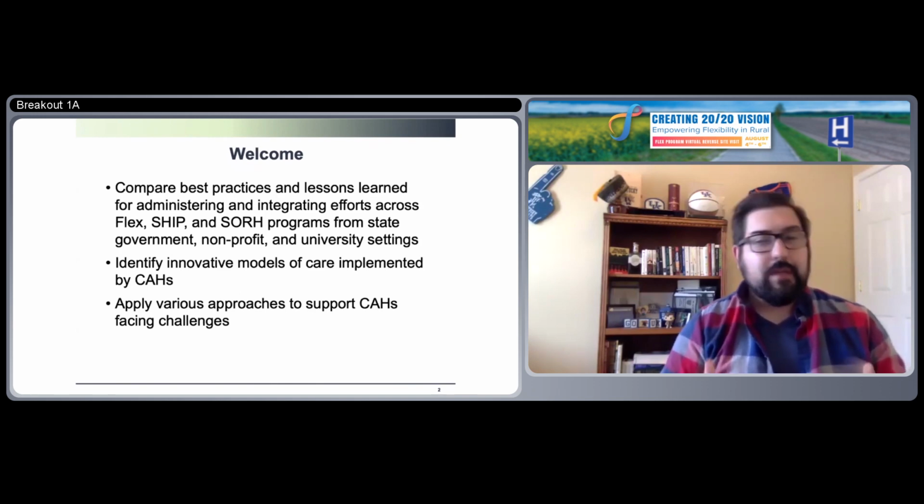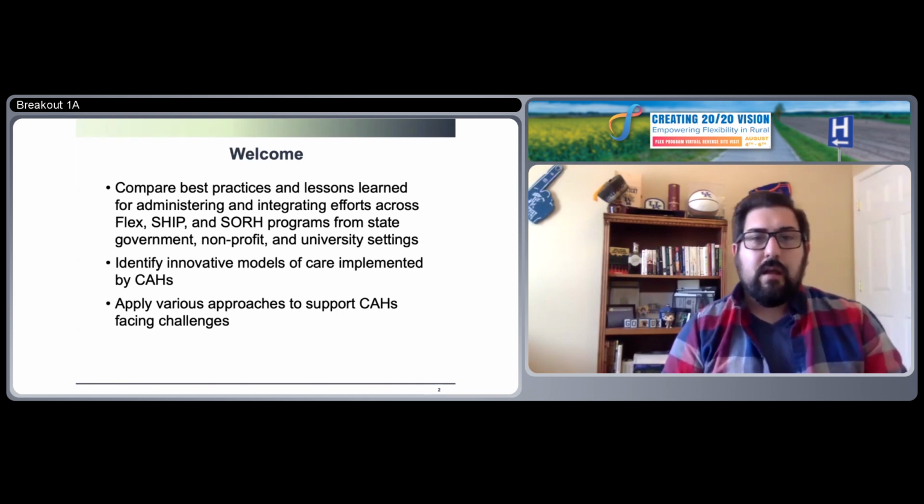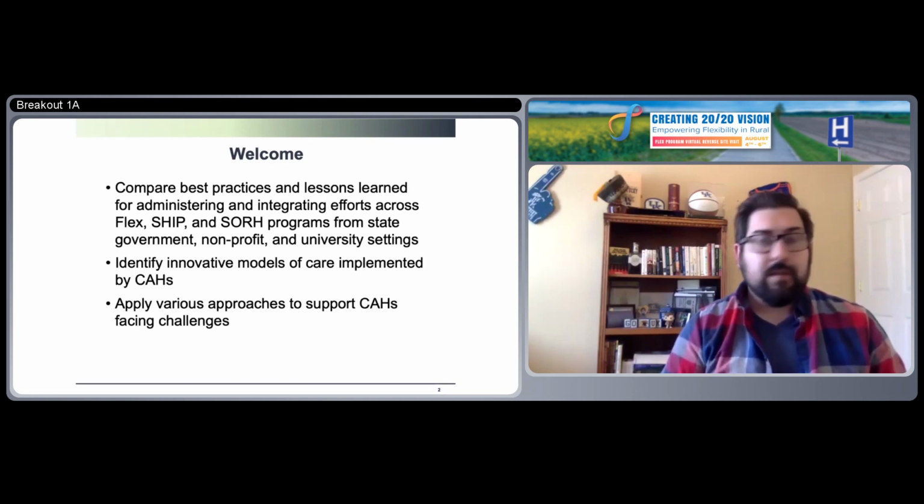It's a tool that we're looking at as to how to help you think about integrating your Flex, SHIP, and SOAR grants, right? How does one support the other? And how do you structure that office in different ways, in different settings, university, nonprofit, and state government, with a different combination of grants, right?